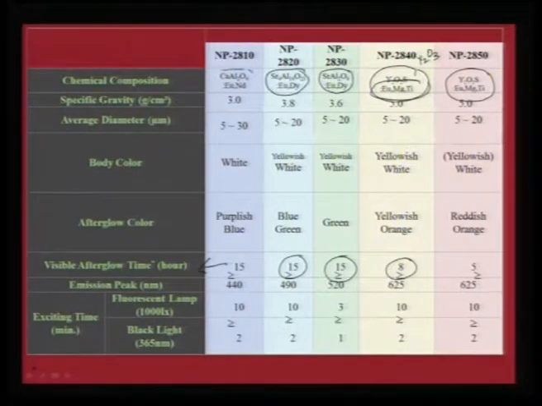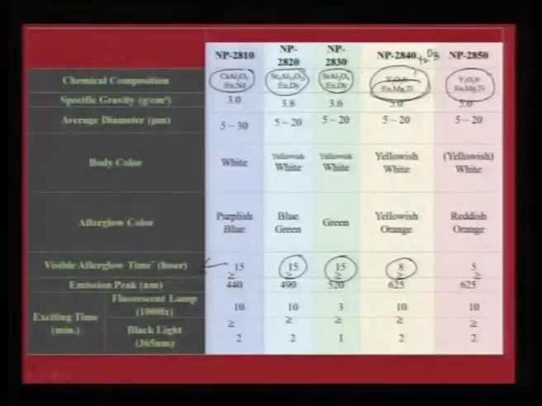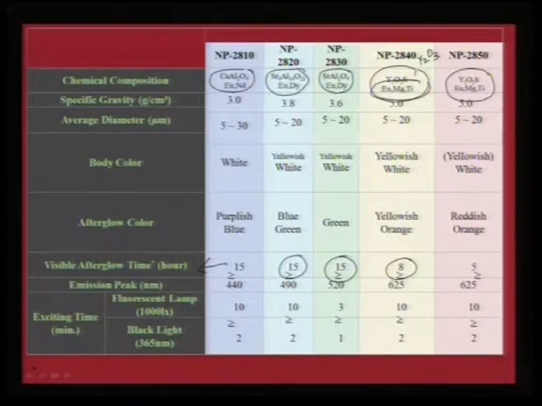And if you can see the other phosphors, they are all mostly alumina based. Okay, so it is mostly yttrium based oxides or alumina based oxides, and these oxides are usually termed as SAM if it is strontium aluminum magnesium oxide, or BAM oxides.